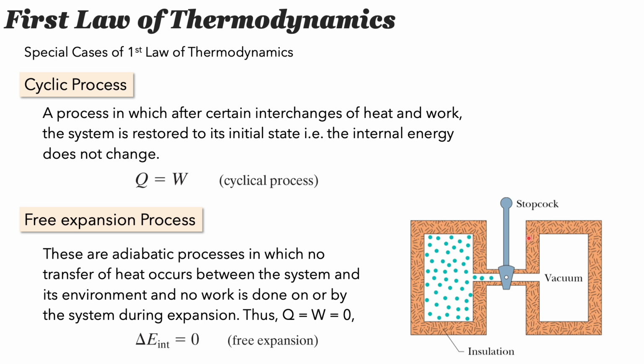Therefore, this is a free expansion process, on its own, because if heat is transferred to the system, it can force it to expand by increasing its internal energy. But in the free expansion process, no heat energy transfer is involved, therefore no work is done also, and therefore the change in internal energy is 0 for a free expansion process.